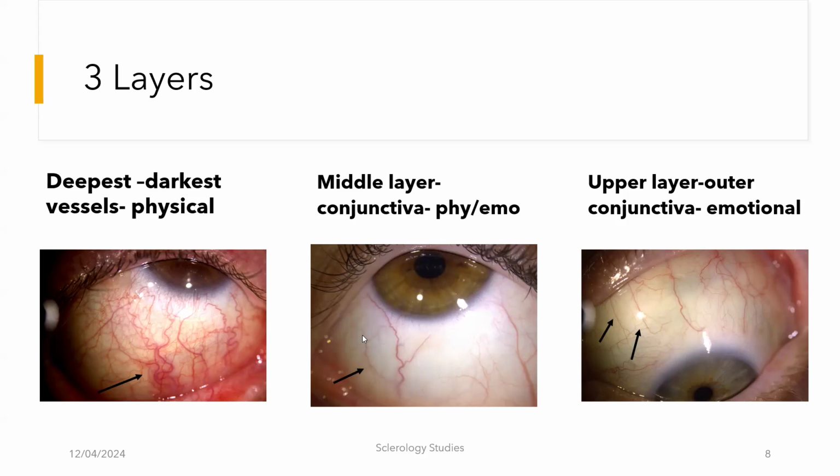Now we can go back into the conjunctiva and we're looking at pure emotional signs. Those are going to look a little straighter, a little thinner and a little finer. When they're real close to the sclera, you know you're onto something. But still out here, it is still an emotional sign.